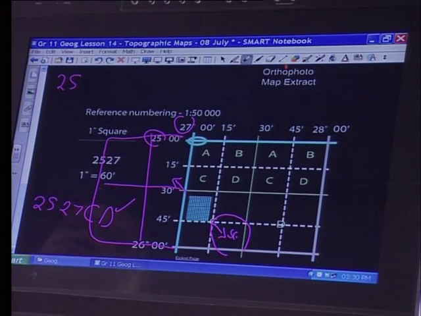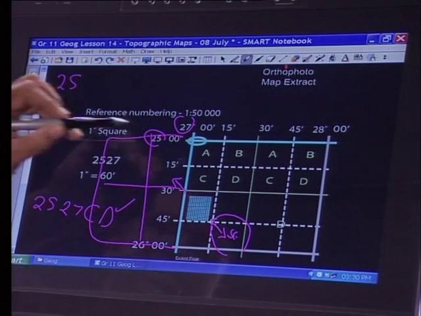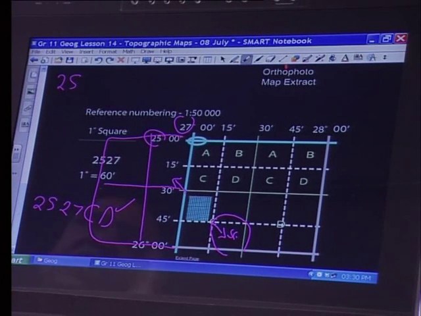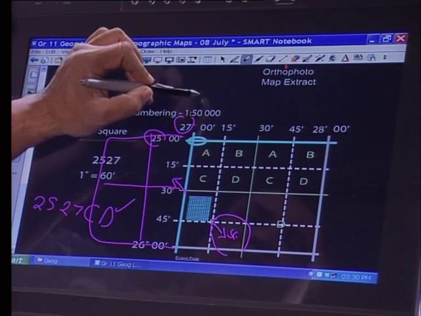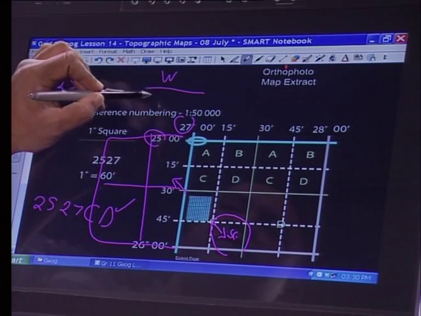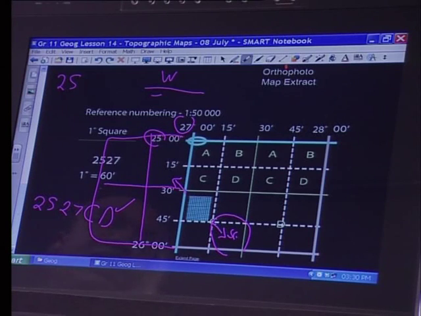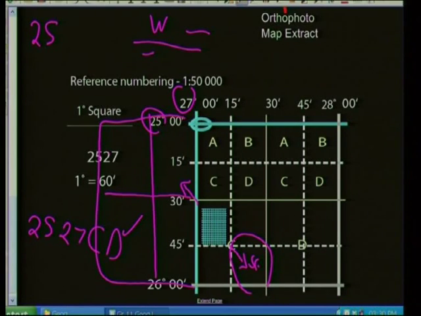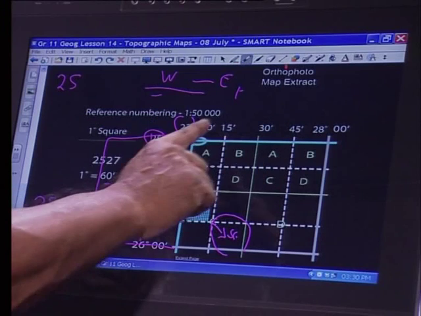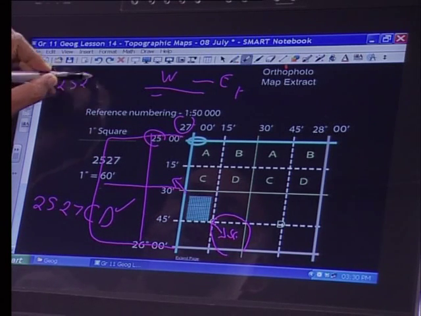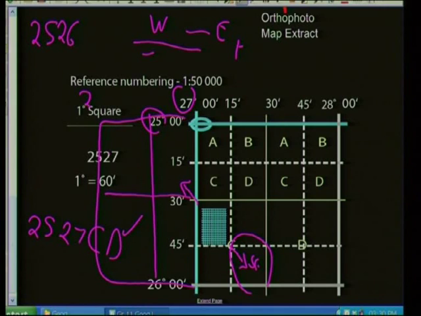Has my longitude changed? Notice, this is the 27 to 28. It's gone out of that block. And remember what we did. We always said west, we subtract in terms of the longitudes, and when we go east, it increases, so we add on a degree. So here it's 27 to 28, here it'll be 27 to 26.